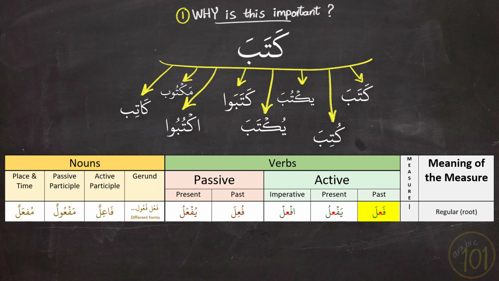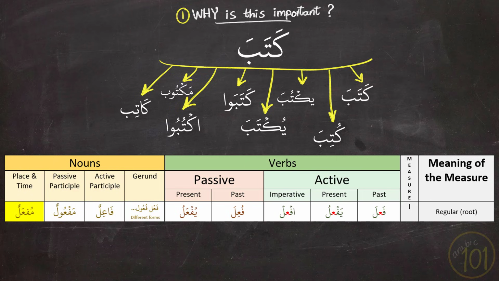And if it has the pattern fa'ala, this means it belongs to form number 1, and therefore its present form will have the pattern yaf'alu. This means that its present form is yaktubu. And once you decide which form this verb uses, the rest becomes much easier, because you can just simply check the rest of the patterns of the verb through the chart.